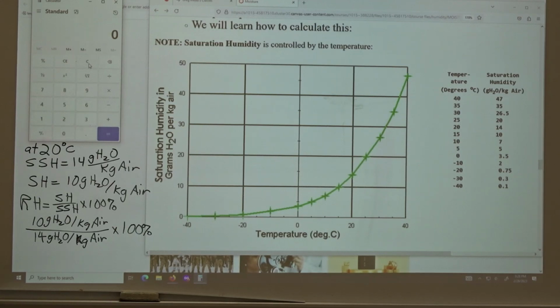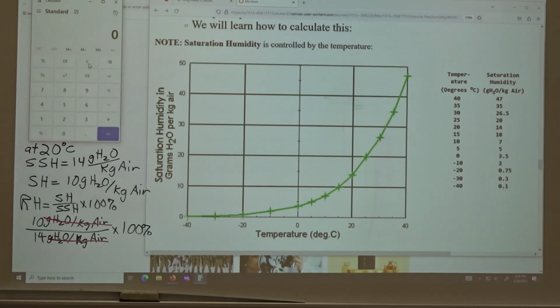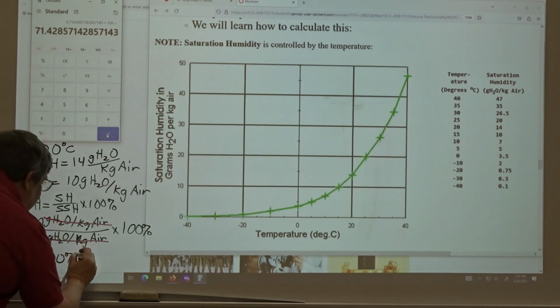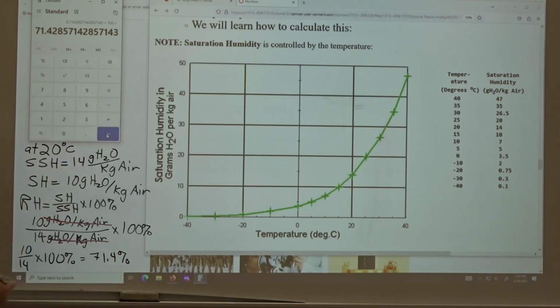And again, we can cancel out the units, which gives us confidence that we are doing this right. And that will give us 10 divided by 14 times 100%, which gives us a relative humidity of 71.4%.